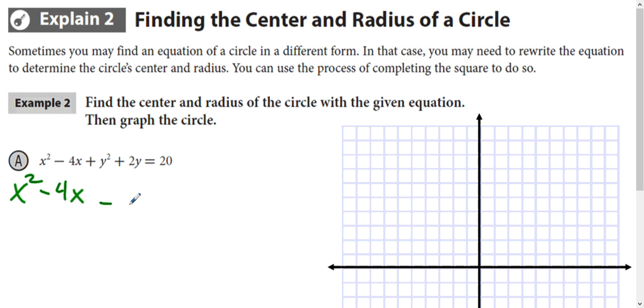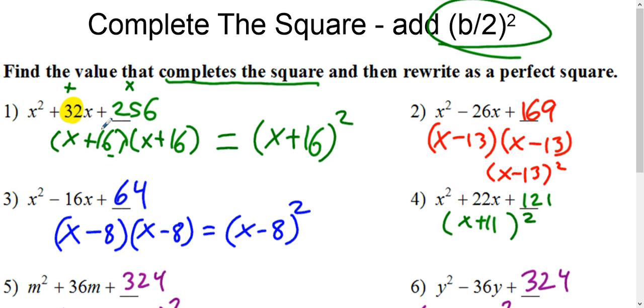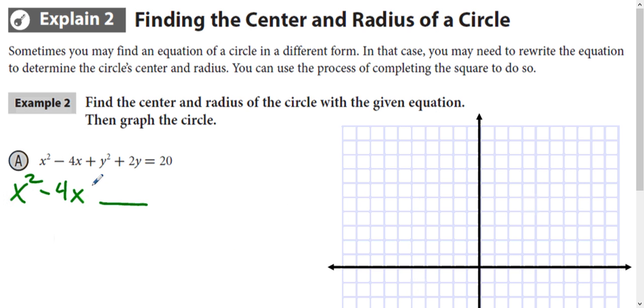And then we're going to leave a blank so that it looks just like it was on these problems where we were completing the square. We're going to put plus blank. And then we're going to do our y squared plus 2y plus blank equals 20.